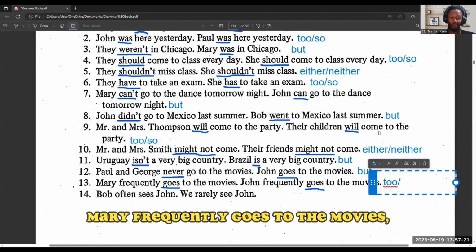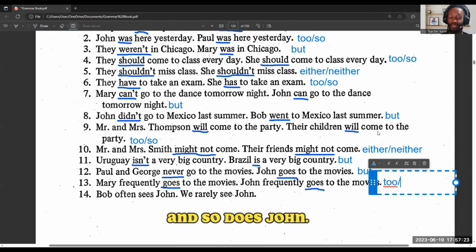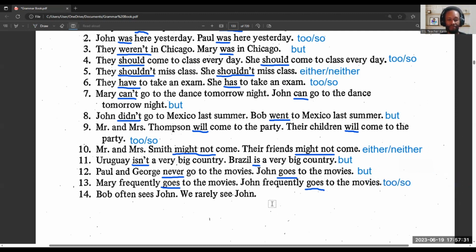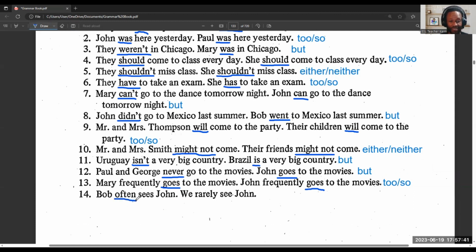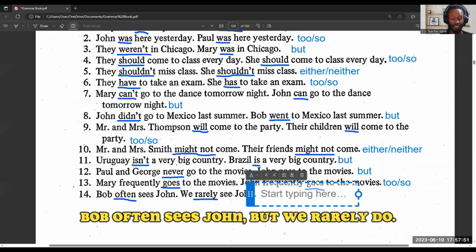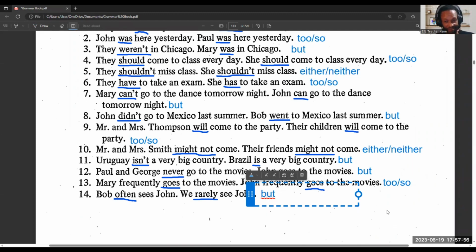Mary frequently goes to the movies, and so does John. Bob often sees John. We rarely see John. Bob often sees John, but we rarely do.